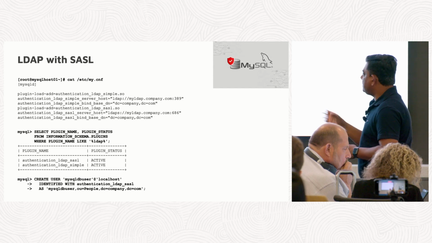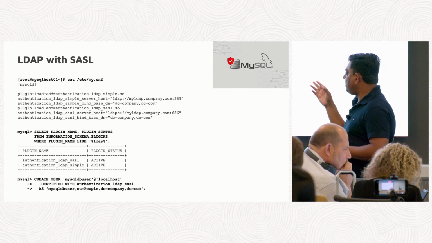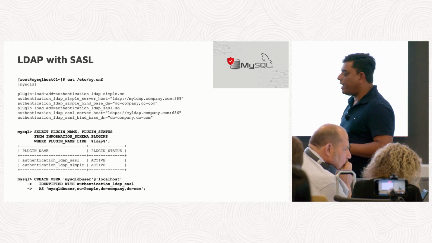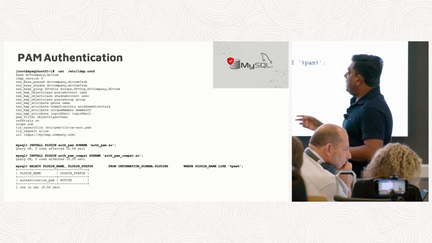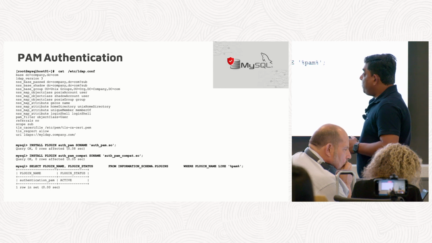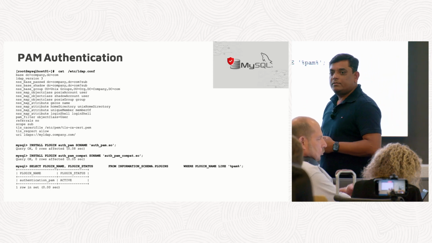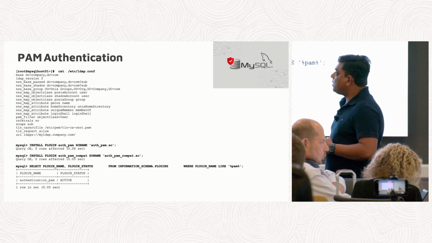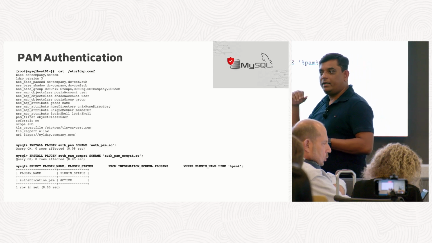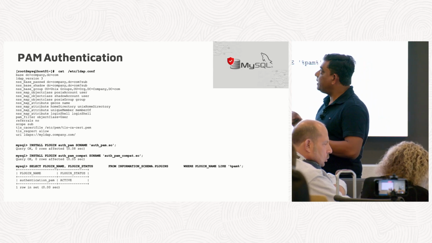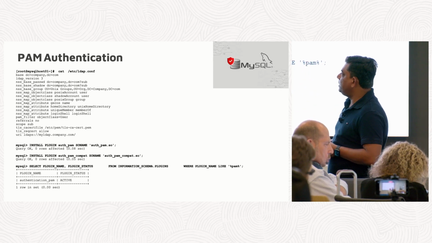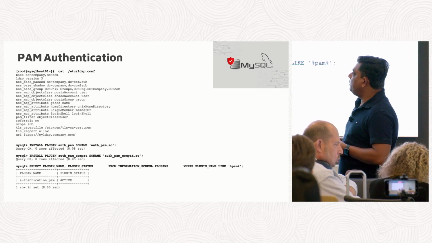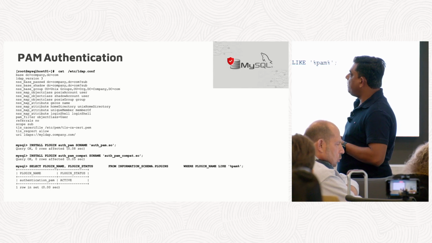Either way, both the SASL and simple plugins will be active, and you just create the user. And this is an interesting one: PAM authentication, pluggable authentication modules, which comes with the operating system. If you want to use operating system authentication and make the LDAP call through the OS, not directly, you use the operating system LDAP config, which defines your LDAP setup.